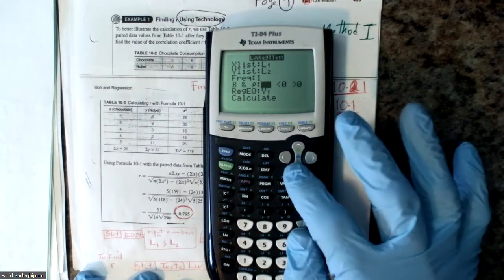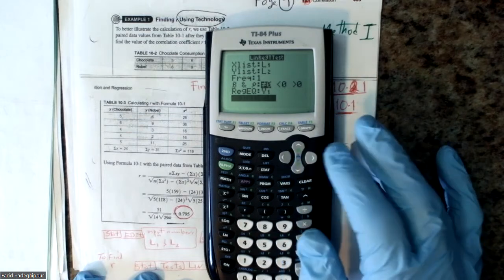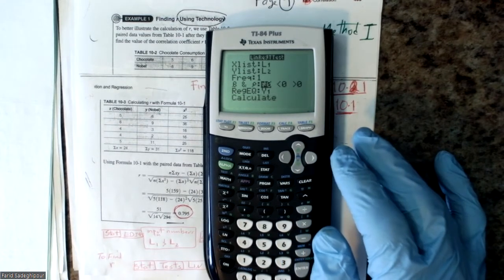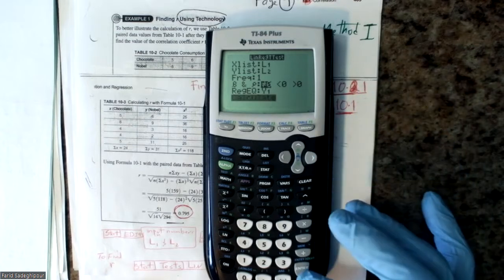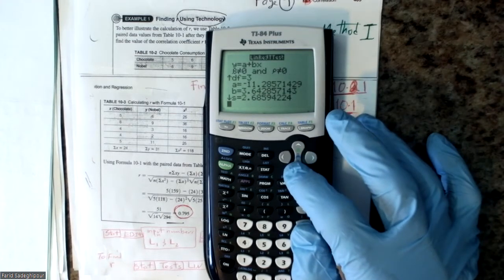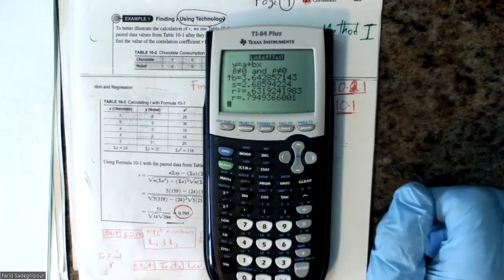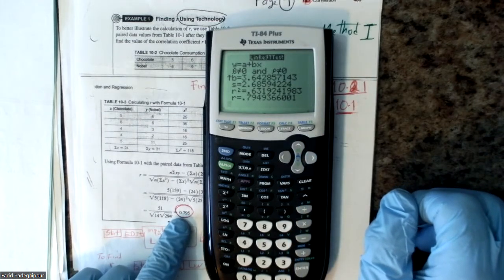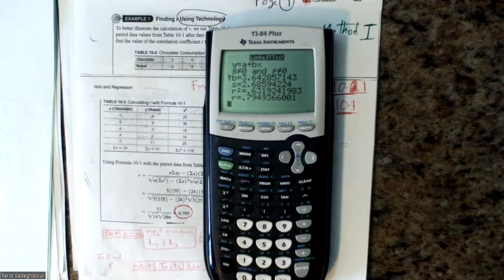It doesn't matter which option you pick, but then you go straight to the calculation. The calculator understands that you have all the information in L1 and L2, so you just go ahead and calculate. Here it gives you the value of R as 0.795, which is what you have here. So that's how to calculate your R value using the calculator.